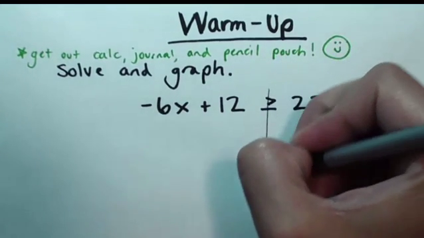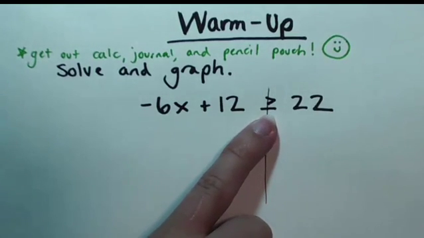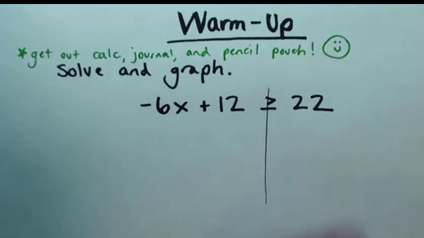Okay, so if I want to solve this inequality, remember we talked about inequalities have a symbol that doesn't represent equal to. It's either not equal to, greater than, less than, or less than or equal to, greater than or equal to. It's the same exact way as solving equations, except there's one little thing we have to remember.